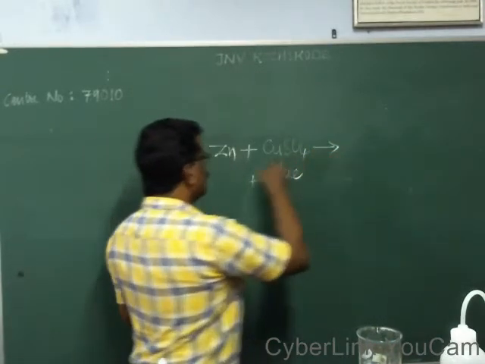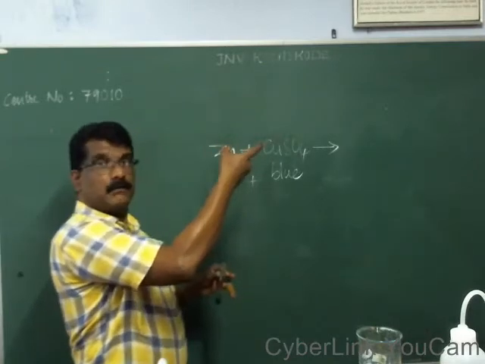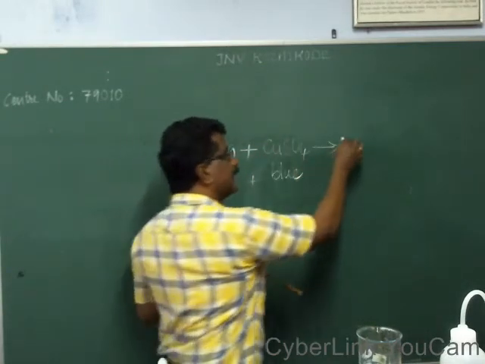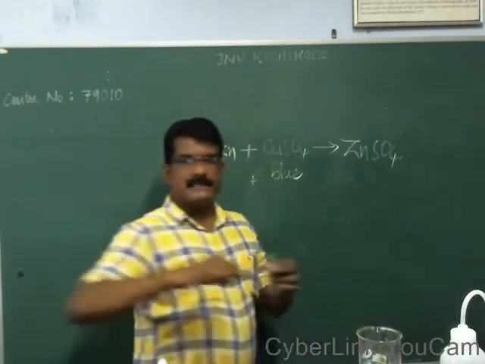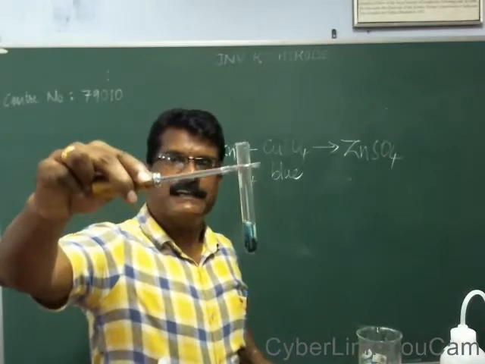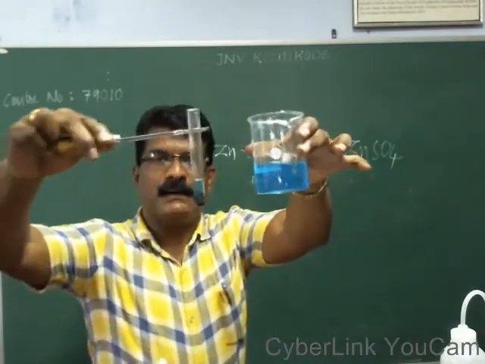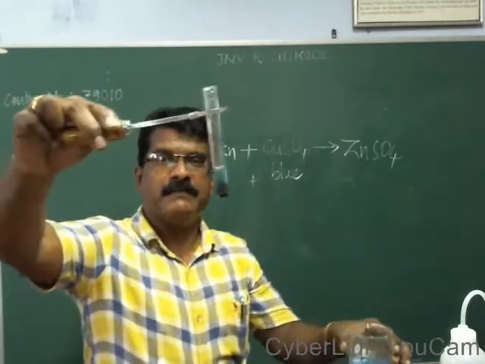Zinc being more reactive displaced copper from copper sulfate and produced zinc sulfate. Zinc sulfate is colorless, but copper sulfate is blue. Now it became colorless. Why?